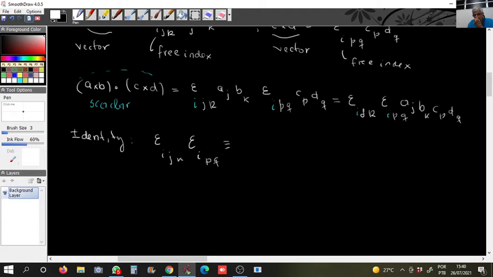You just put delta here, and here minus delta. Now, you forget I, just work on J and K. Unfortunately, you have to memorize this. Now, you write J P in the same order, J P, K Q.